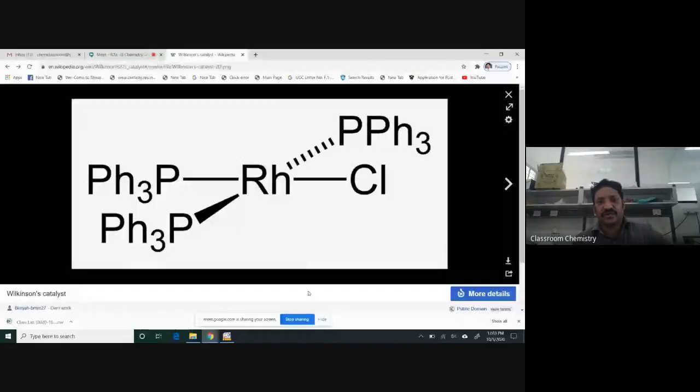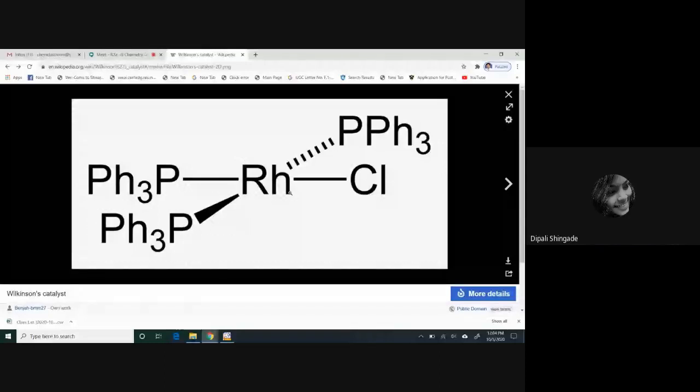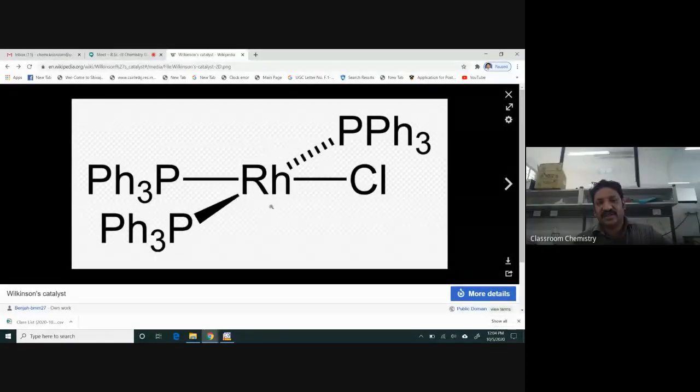And what is the Wilkinson catalyst? I would like to show you the structure of the Wilkinson catalyst. Have all of you seen this structure? Which metal is here? What is the name of it?